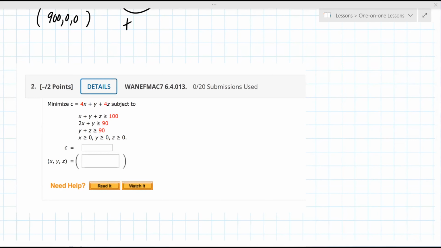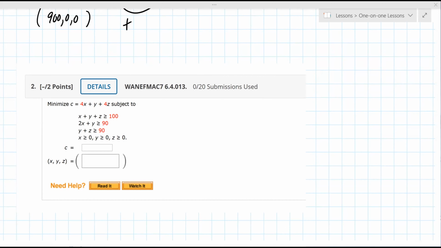There are 3 variables and 3 secondary conditions. The xi's don't matter. So this is 4x plus 1y plus 4z. This time we're minimizing, subject to 1, 1, 1. Now I have to change the operator to greater than or equal to 100.